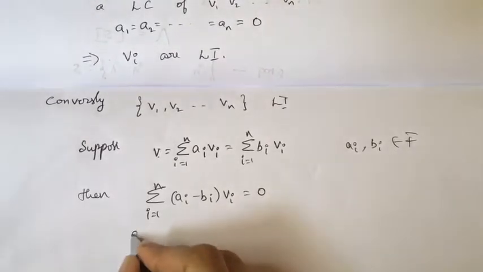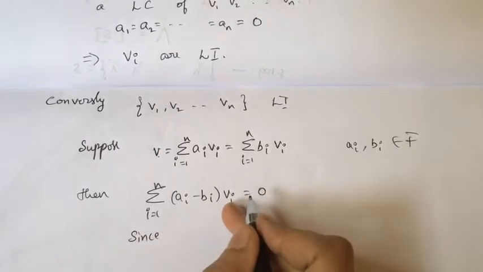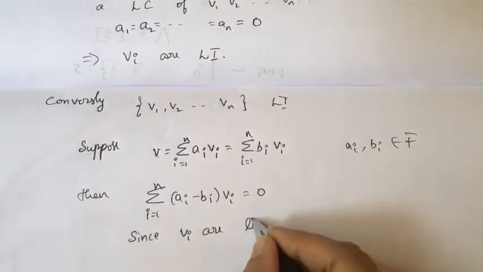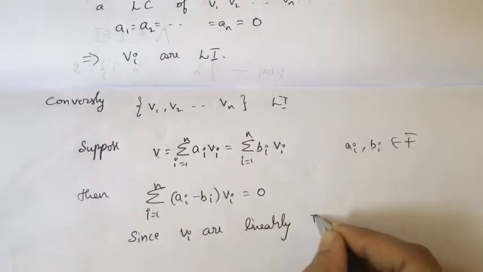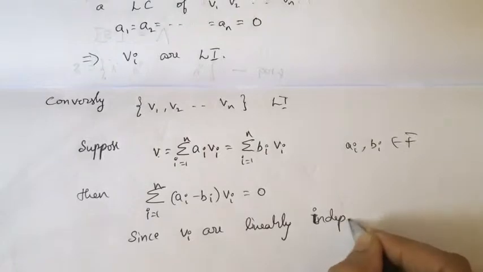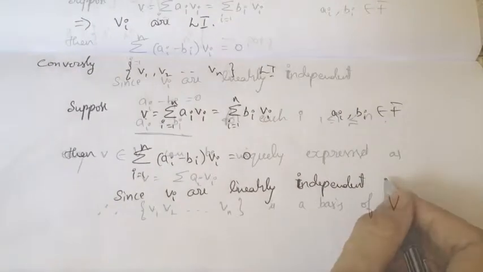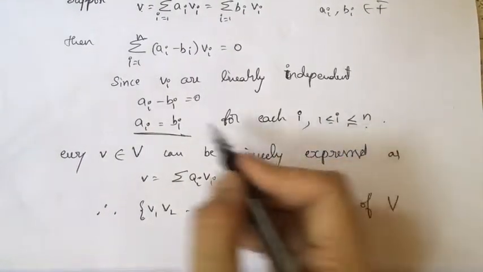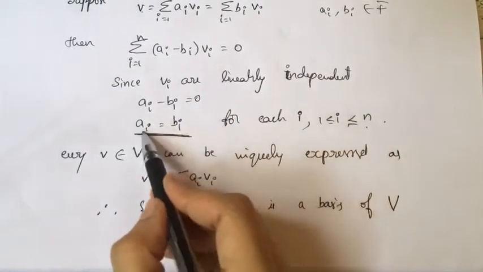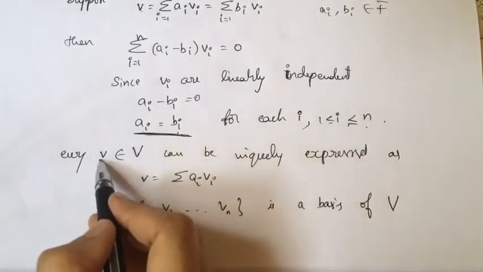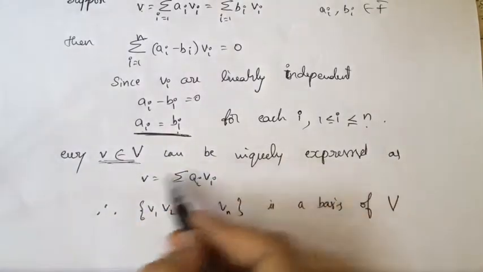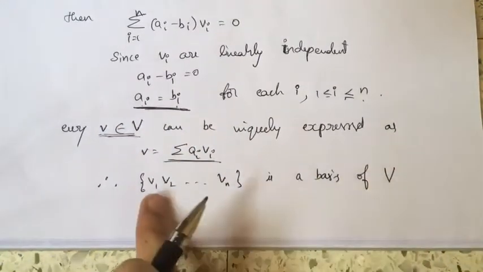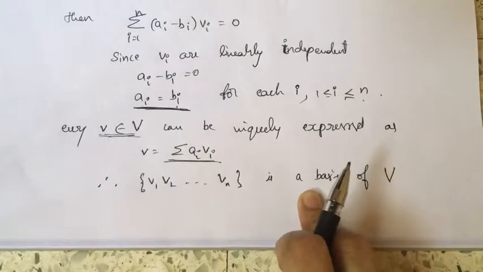But I know that these vi are linearly independent. Therefore, what has to be true? Where i ranges from 1 to n, I have got coefficients equal, ai equal to bi. Therefore, any vector from V can be uniquely expressed like this, and so the vectors v1, v2, ..., vn form a basis.